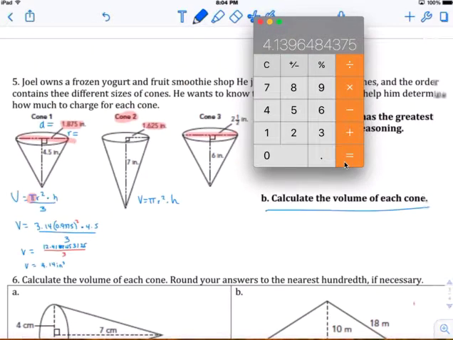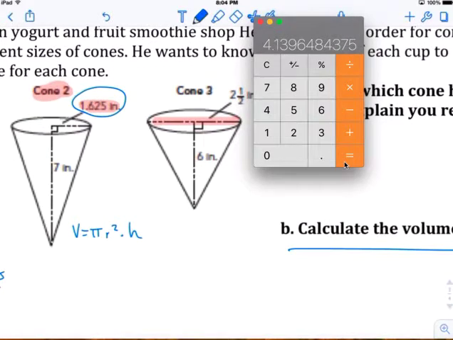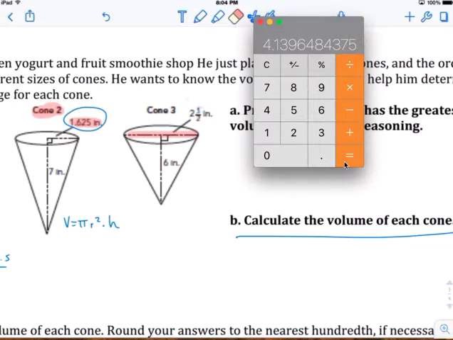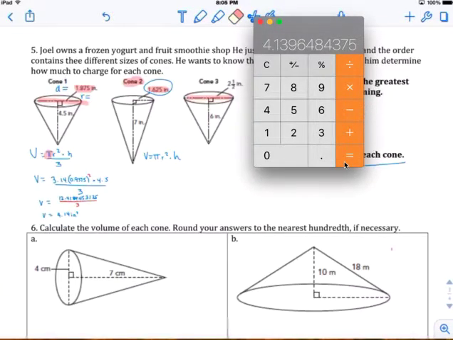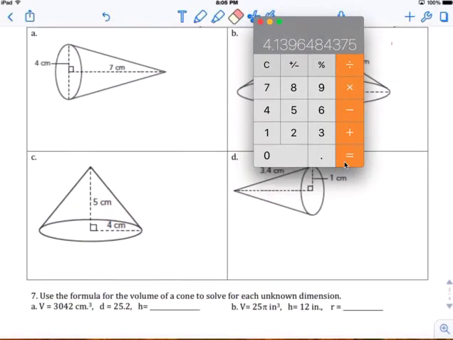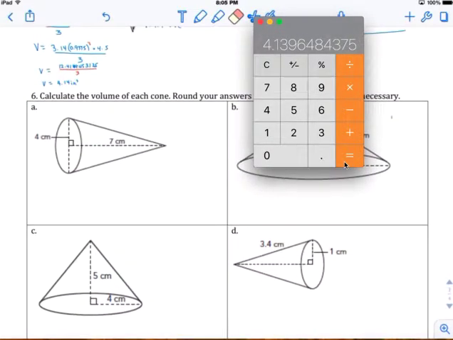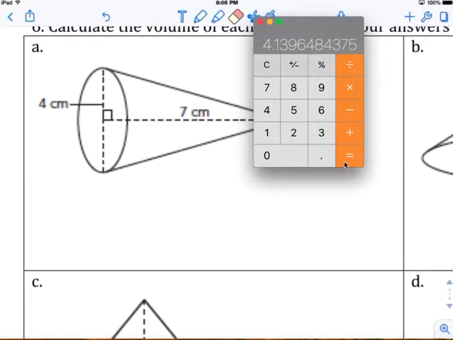In this case, the radius is given. Make sure you divide 2.5 by 2. A half is 0.5. And get the answer. And here's the same thing. Again, pi r squared times h divided by 3.